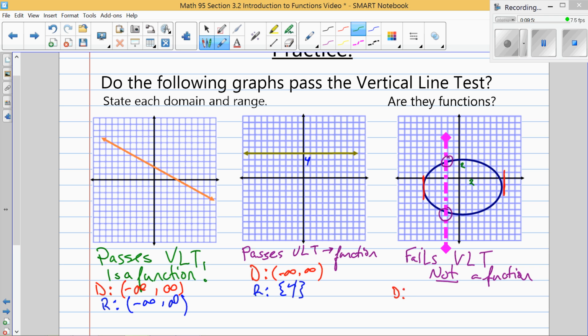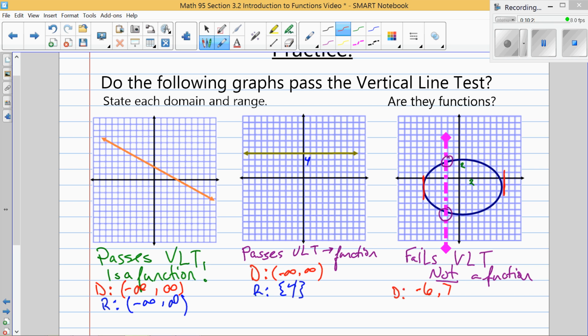I was going to be tricky, but I decided not to. So my domain here, I'm going to go -1, 2, 3, 4, 5, 6, -6, on up to, I want to look at this value here, so that's 1, 2, 3, 4, 5, 6, 7. It looks like it hits 7.